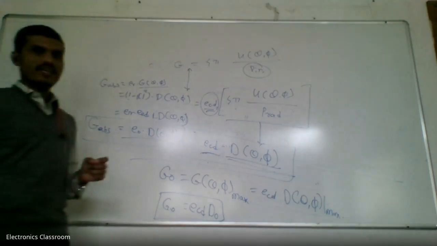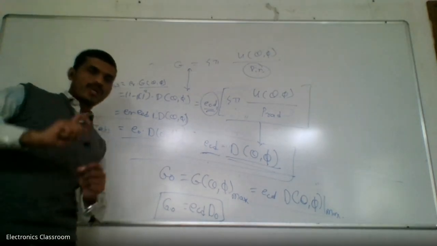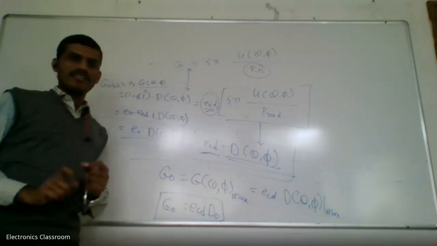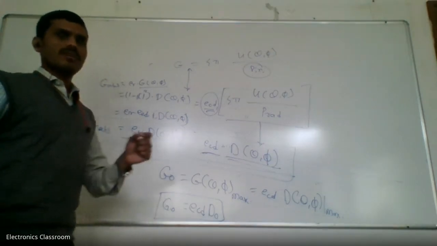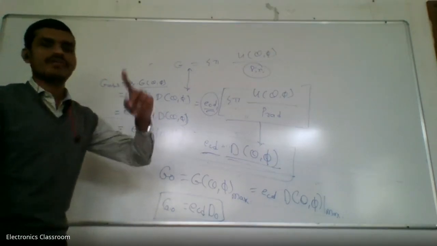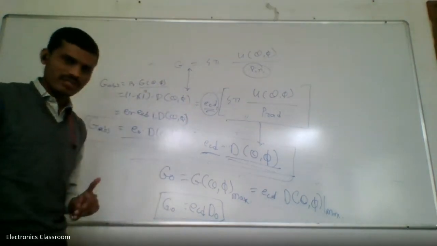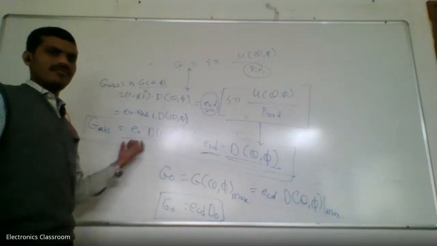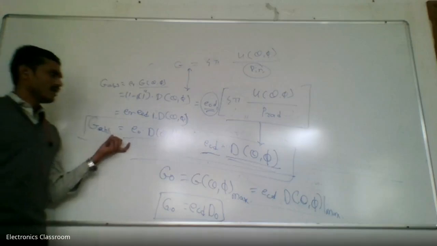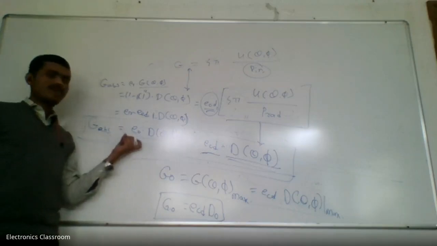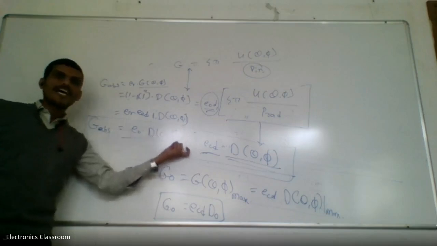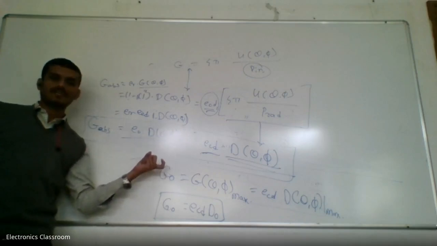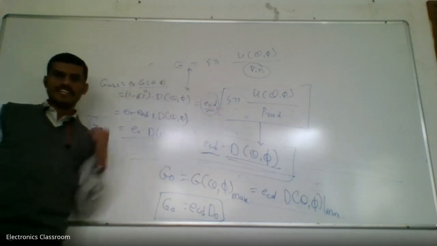That means when we move from gain to absolute gain, we are considering the mismatch losses and radiation losses or reflection losses. First we derive two different equations using reflection losses and radiation losses, and they are finally combined together, and we get the equation that the absolute gain of the antenna is equal to the total antenna efficiency into the directivity of that particular antenna in a given direction.